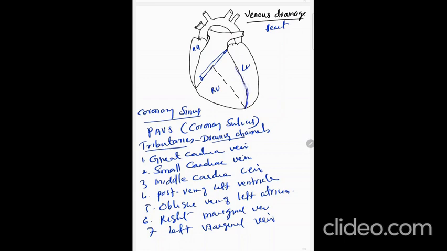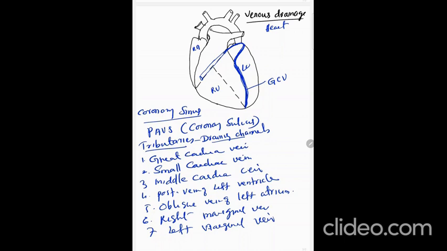It accompanies the anterior interventricular artery, then accompanies the left circumflex artery, and finally joins the left end of the coronary sinus. The whole of this is the great cardiac vein.